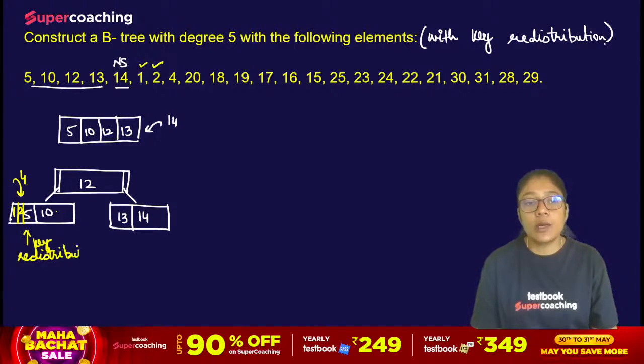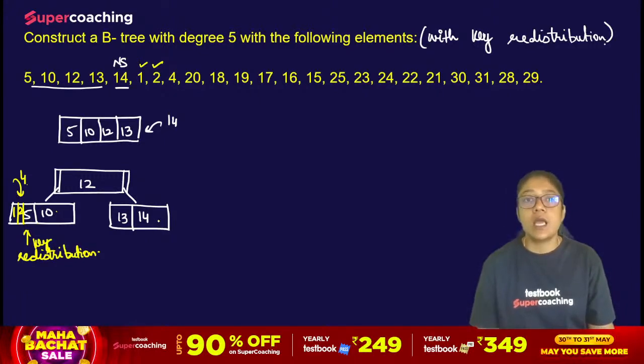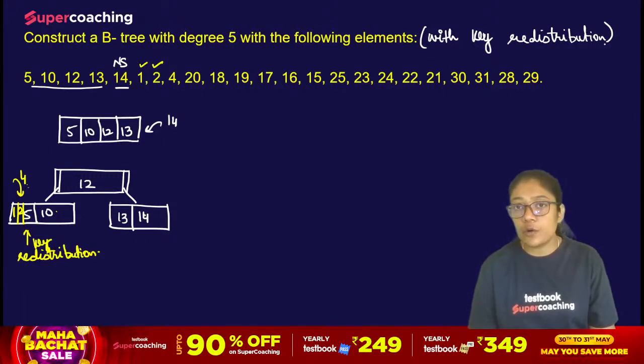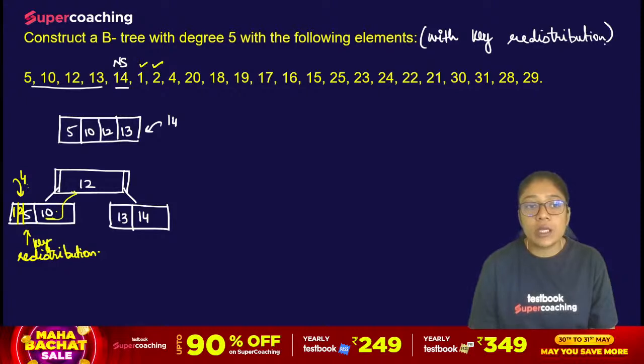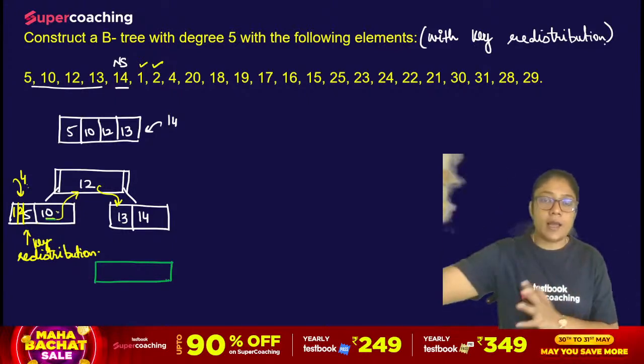Now in this case, what will happen? Which key should be going here? 4 को भेज सकते नहीं भेज सकते, because if we'll be sending 4 here, it won't be a search tree. So the last element will be moving here and this will come down. That means it will result into, now the last element जब धक्का मारा तो 10 बाहर निकल गया, right?